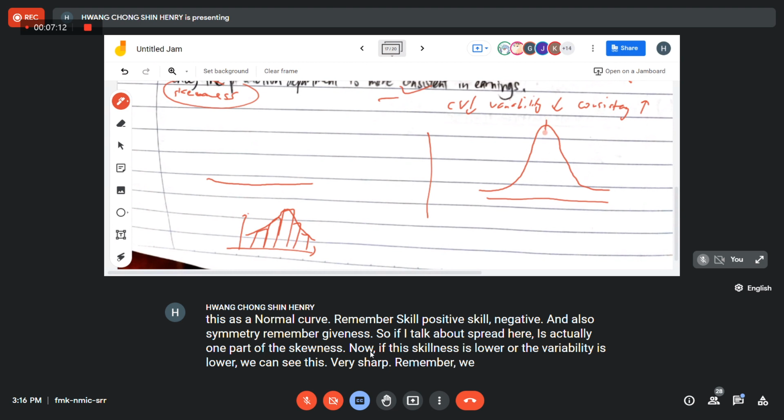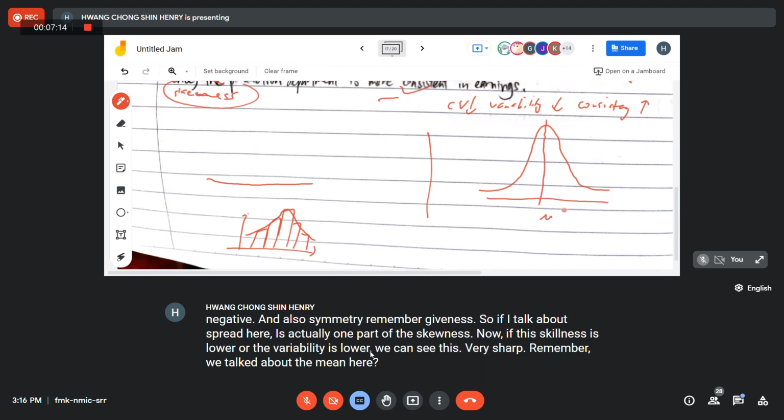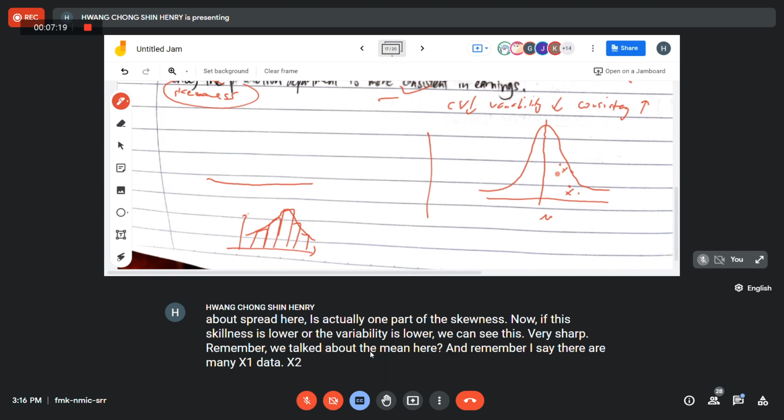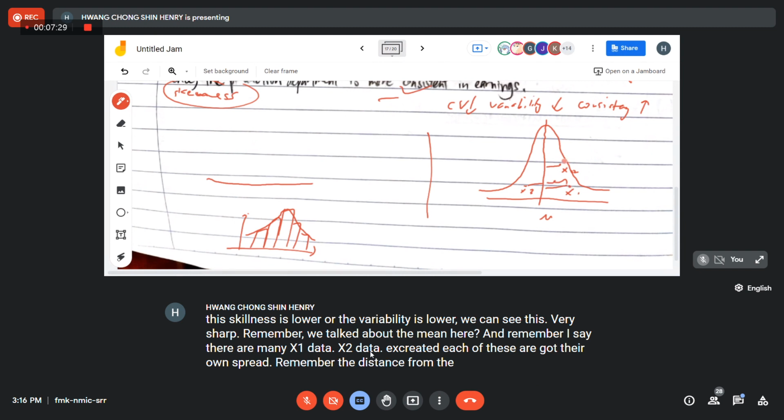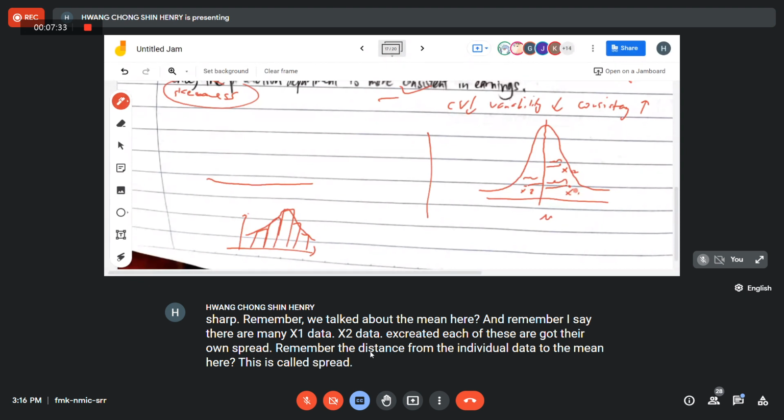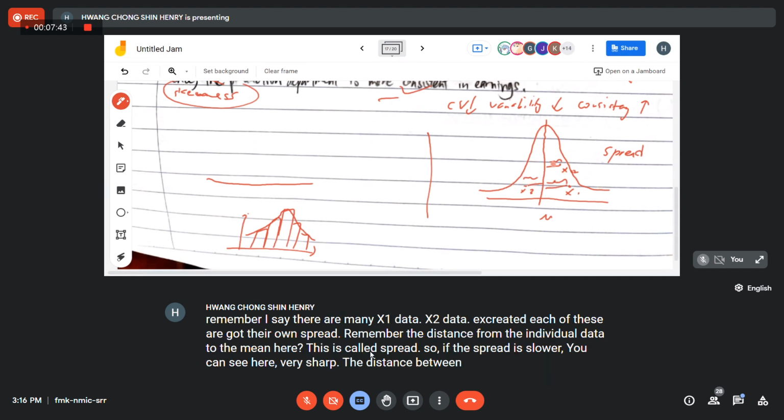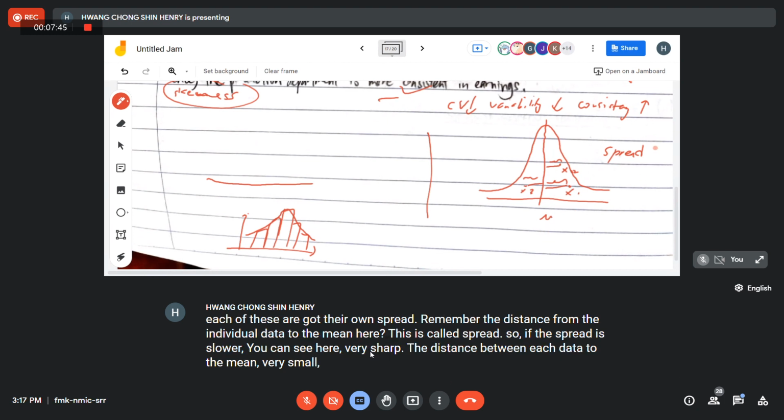Remember we talked about the mean here? And remember I said there are many X1 data, X2 data, X3 data. Each of these has its own spread. Remember the distance from the individual data to the mean here? This is called what? Spread. So if the spread is lower, you can see here very sharp. The distance between each data to the mean is very small. The spread is lower.